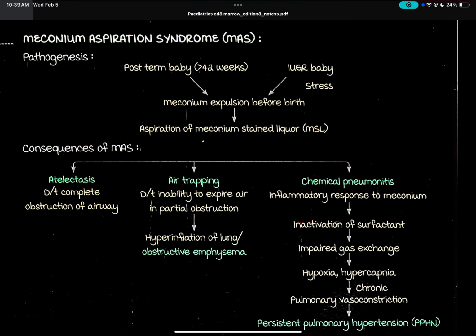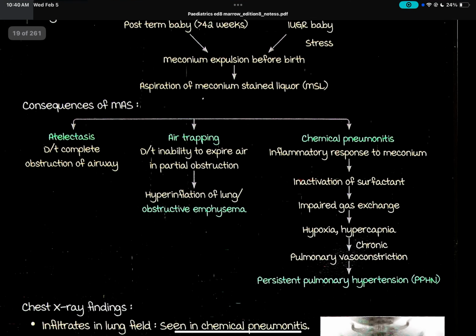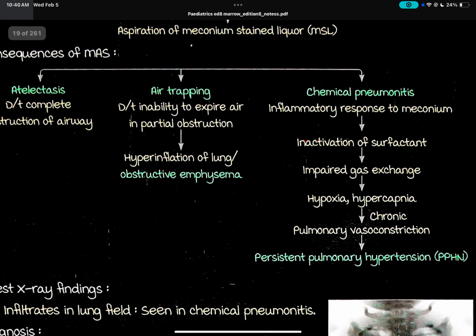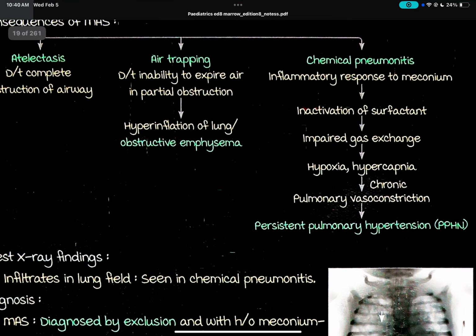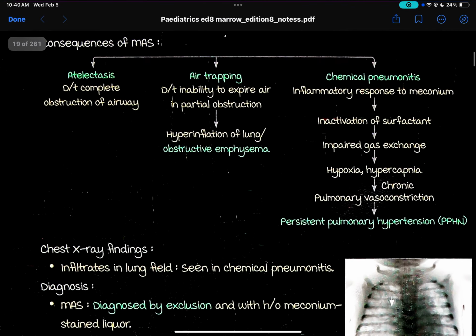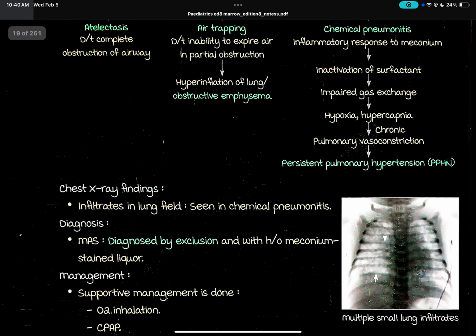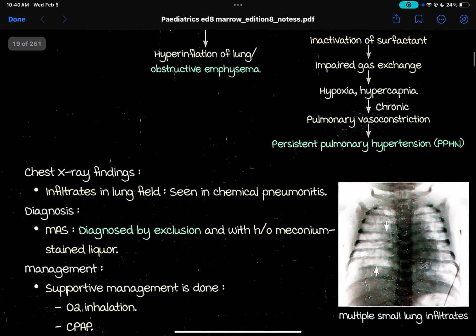Chemical pneumonitis, an inflammatory response to meconium, inactivation of surfactant, impaired gas exchange, hypoxia, hypercapnia, and chronic pulmonary vasoconstriction, and this will cause persistent pulmonary hypertension. It is called PPHN, persistent pulmonary hypertension of the newborn, which happens in meconium aspiration syndrome due to chemical pneumonitis.